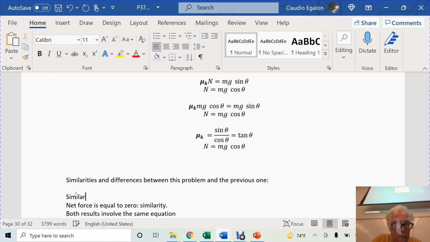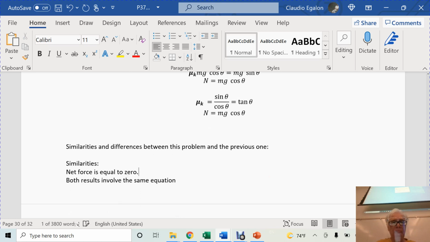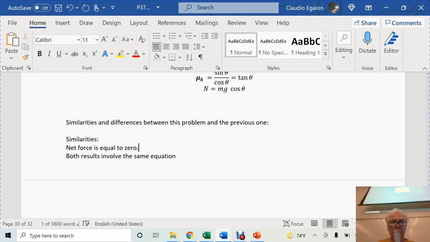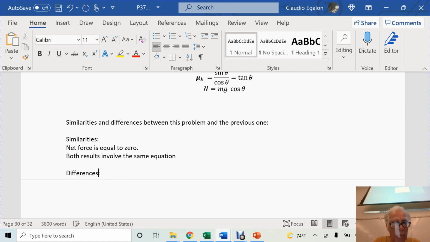The similarity. Differences. First case, object must be at rest and on the verge of motion.